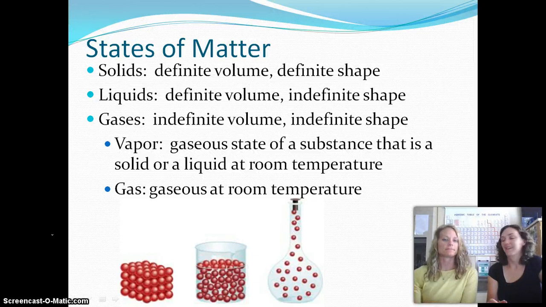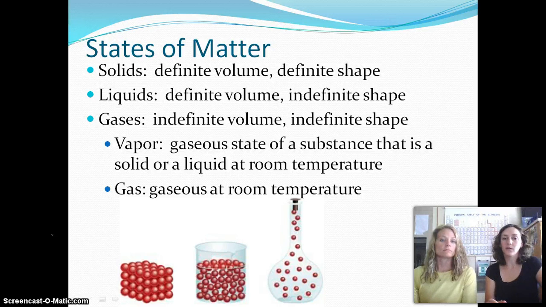It flows everywhere. Now, vapor is used a lot of times interchangeably with the word gas. However, vapor is distinct from gas because vapor is a gaseous state of a substance that is solid or liquid at room temperature. So if we boil water, it's normally a liquid at room temperature. If we boil it, it will turn into water vapor.